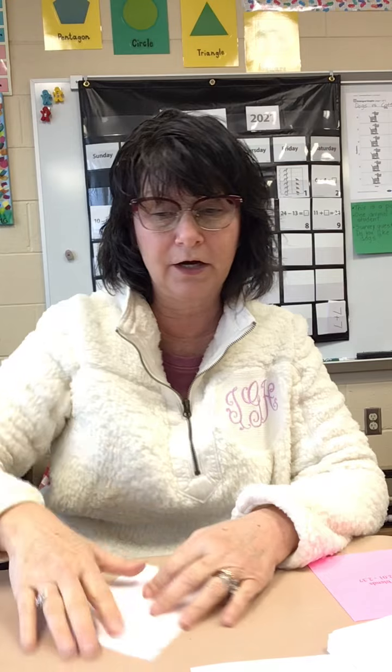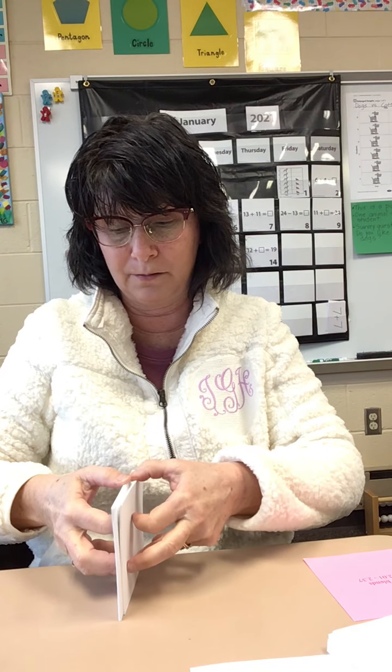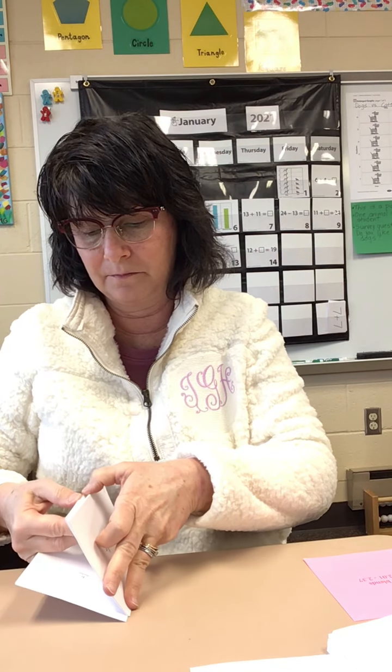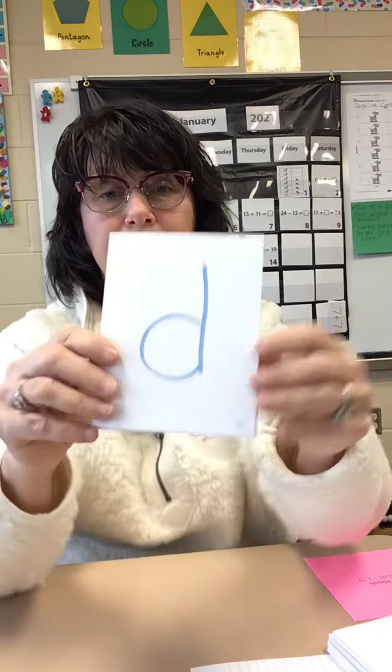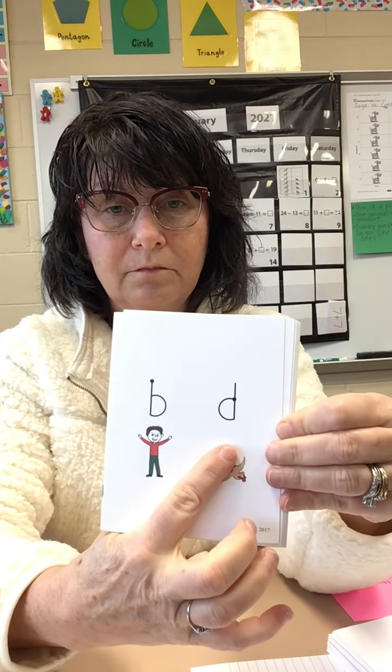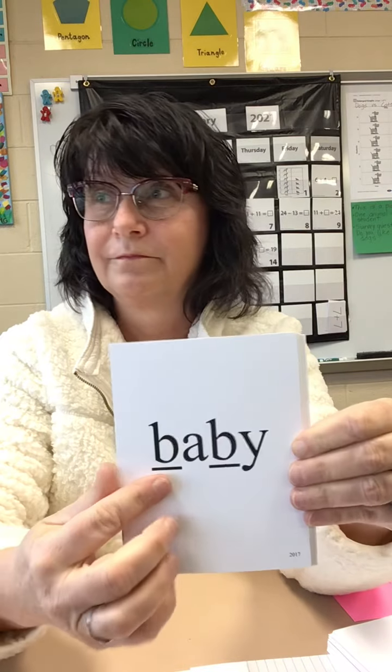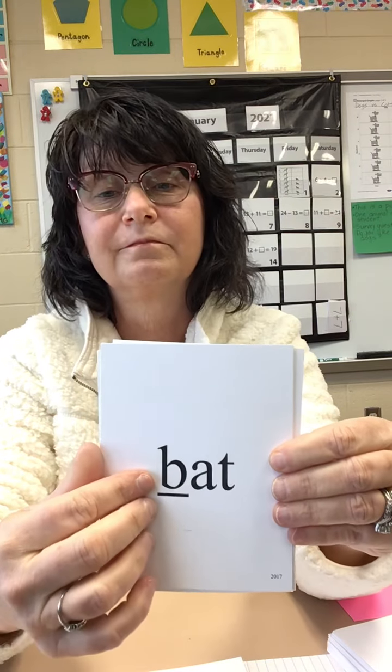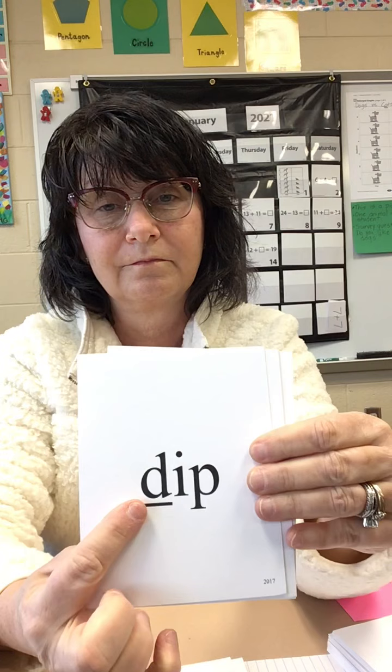So I want you to hold up your bee checker, and I want you to tell me, I'm going to shuffle these again, if it is a bee or not a bee. Here we go. Very good job. All right.